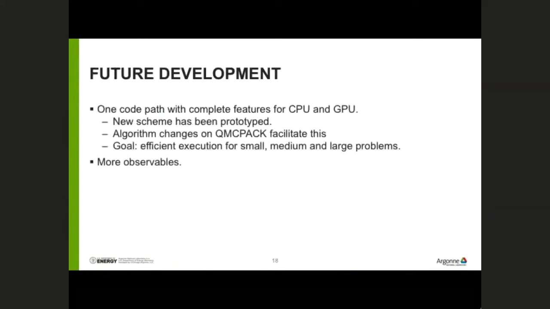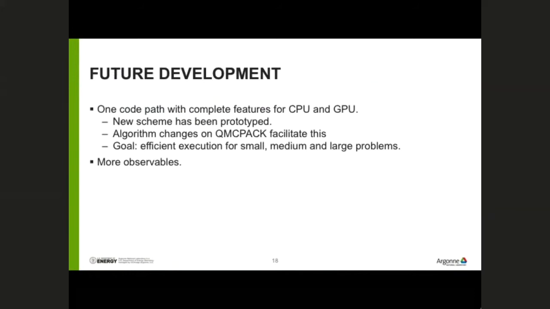There is some future development, as Paul mentioned. We are going towards one code path, and we've made a prototype of new schemes. I think we are confident we have some ways to go there. In the past, all the CPU-side changes of algorithms really helped us get prepared for reaching the one code path goal and for future architectures, not just NVIDIA.